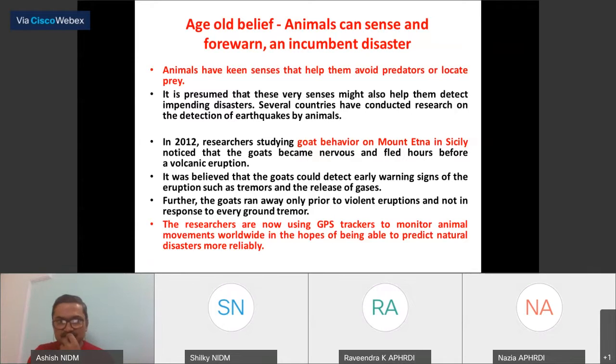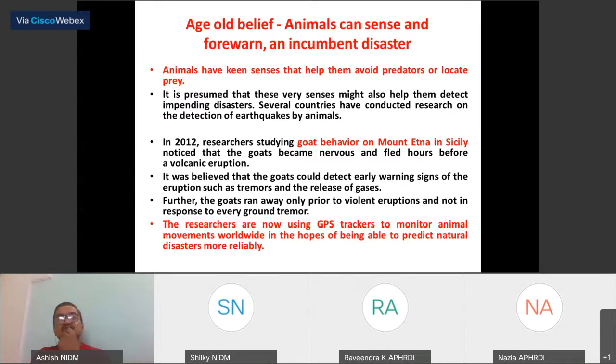I can quote one example from 2012 on Mount Etna in Sicily, when goat behavior was studied by some researchers, and they found that goats became very nervous and fled hours before a volcanic eruption. So it was believed that the goats could detect early warning signs of the eruption, such as tremors and the release of gases. And also one unique feature that they observed is that these goats ran away only prior to violent eruptions and not in response to any ground tremor.